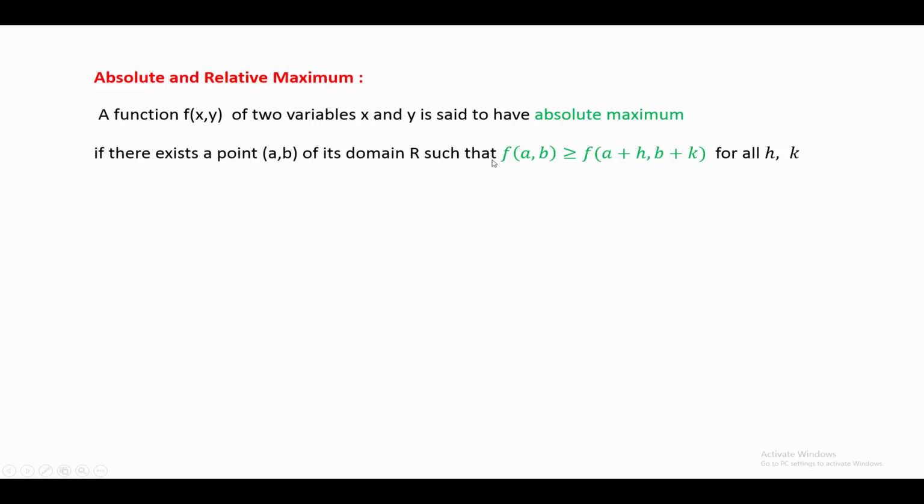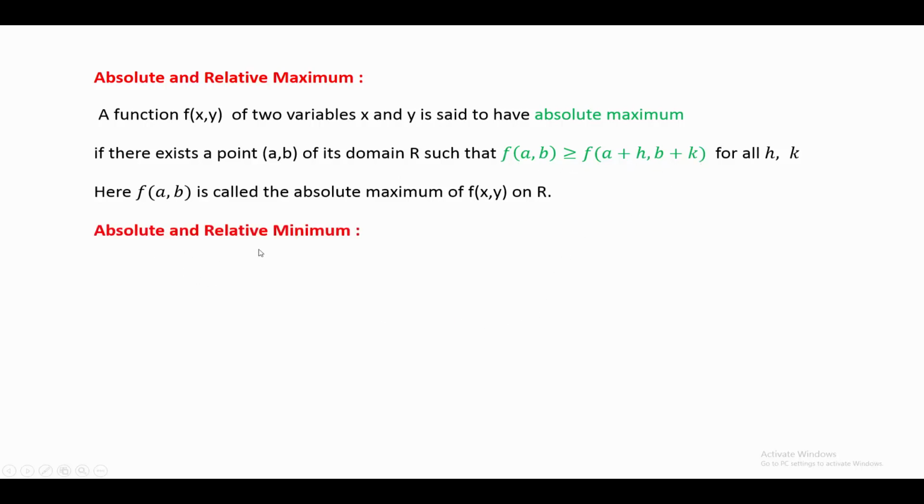Means f(a,b) is the highest value for every value of h and k. Here f(a,b) is called absolute maximum of f(x,y) on domain R. Then f(a,b) is called the maximum value, absolute maximum value of function f(x,y), because f(a,b) is the greatest value for all values of h and k.